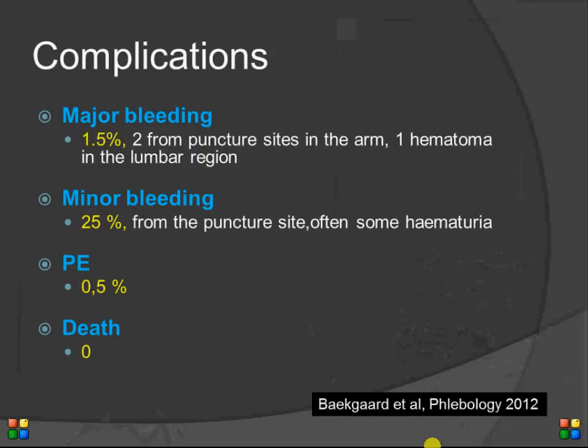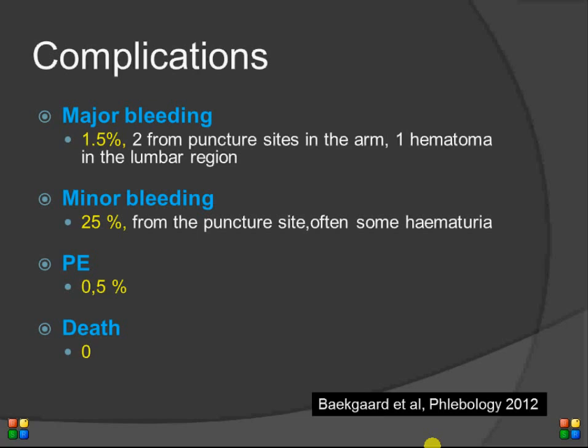We went through our patients very carefully concerning major bleeding and minor bleeding episodes. 1.5% have major bleeding needing some surgery, and one had a hematoma in the lumbar region not needing surgery. Minor bleeding is seen in 25% of the cases, mostly from the puncture site in the fossa, which can be compressed easily, no problems at all.